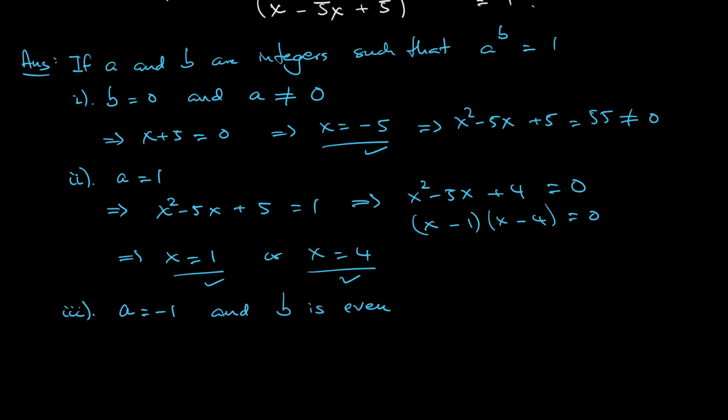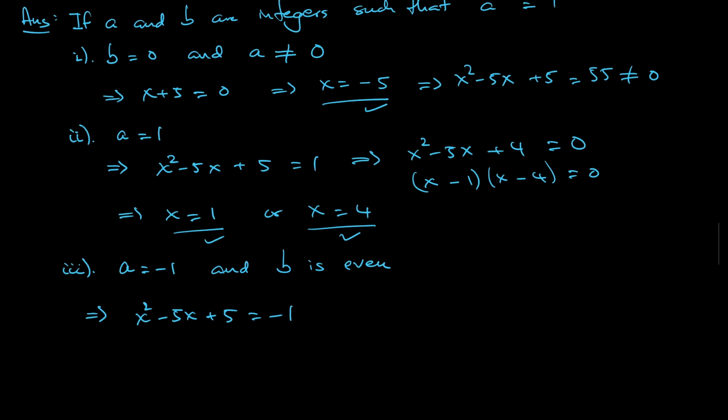So if a is negative 1, meaning x squared minus 5x plus 5 is negative 1, so x squared minus 5x plus 6 is 0. It can be factorized into x minus 2, x minus 3. So here x is either 2 or 3.